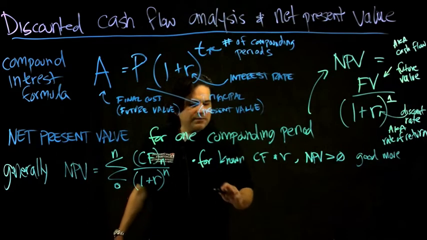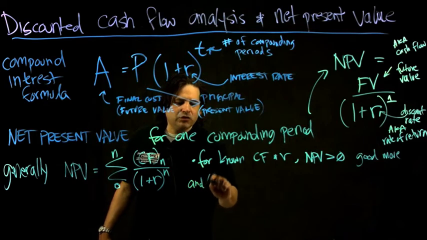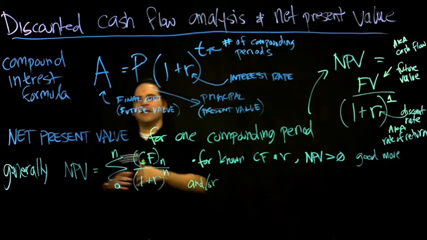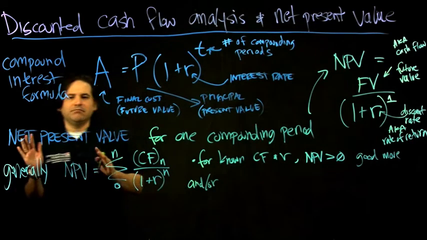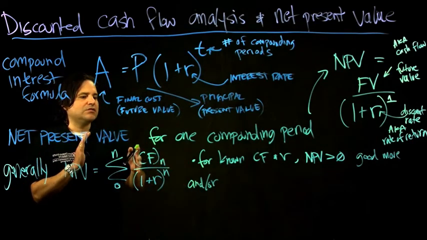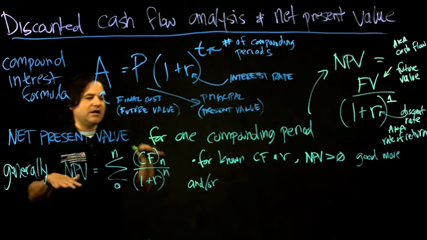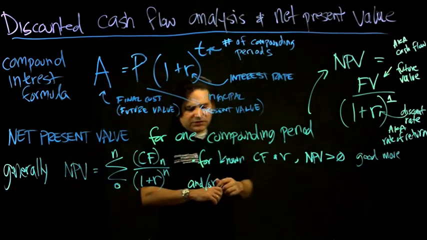And you can do this so that you can compare different options, both in time and cash flows, to the present value, so that you can get a better idea how to compare apples to apples in decisions.